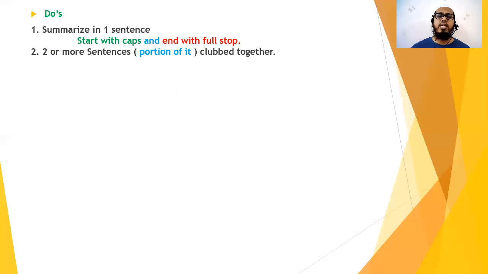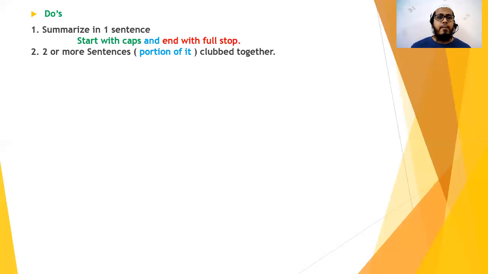We have to summarize in one sentence. What do we mean by one sentence? The sentence should start with a capital letter and end with a full stop. These two are mandatory. If we rush, if we don't manage our time, and we miss even the full stop, we may lose a lot of marks.